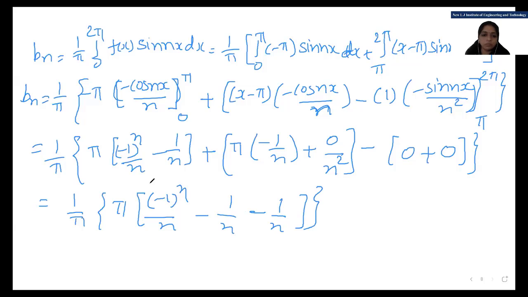So both pi will be cancelled, and my answer is here minus 1 raised to n, this is minus 1 by n and minus 1 by n, so minus 2 whole by n, whole by n. Now this is the value of the Bn.